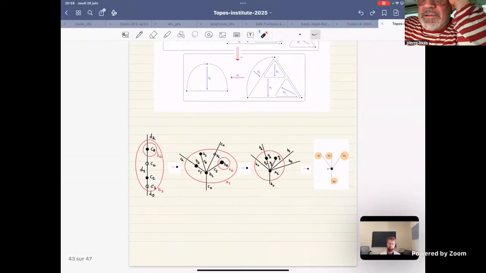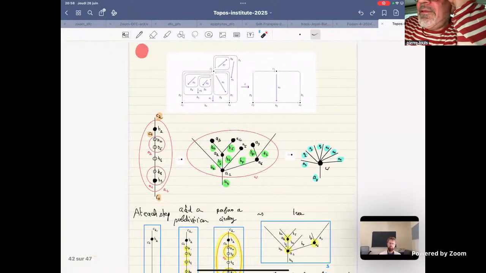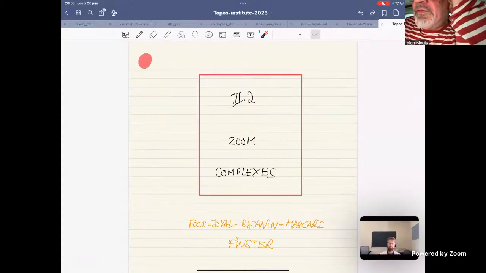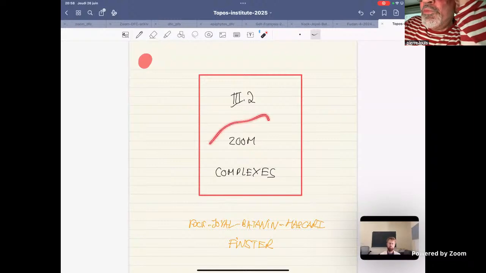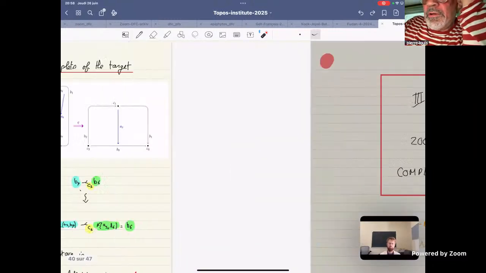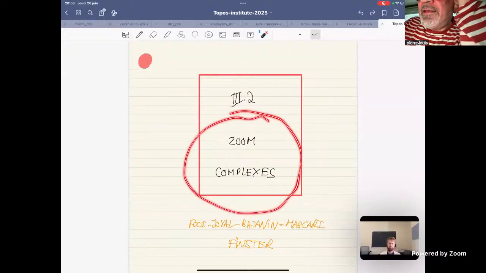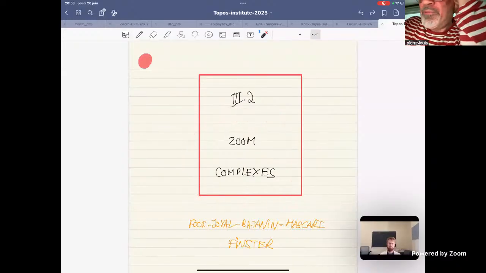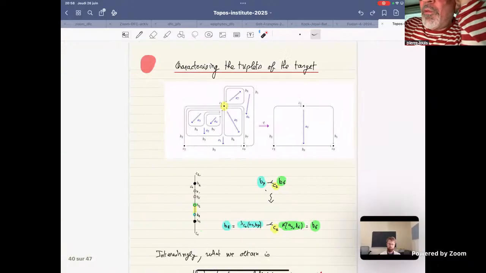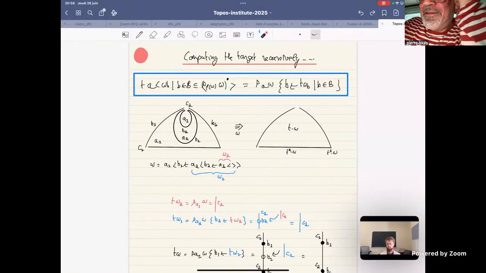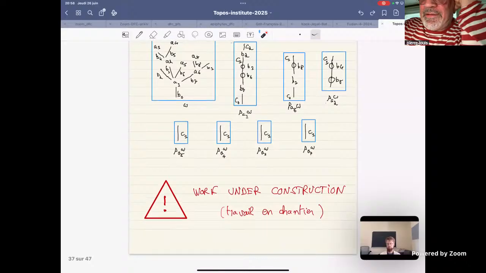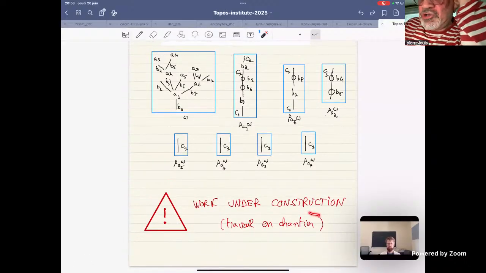These trees with subdivision make their appearance both in the zoom complexes and the epiphyte world, except that for zoom complexes, this is all clear and documented in Kock et al.'s paper, while for the epiphyte case, this is, as we say in French, a travail en chantier, which means there is a lot to do.